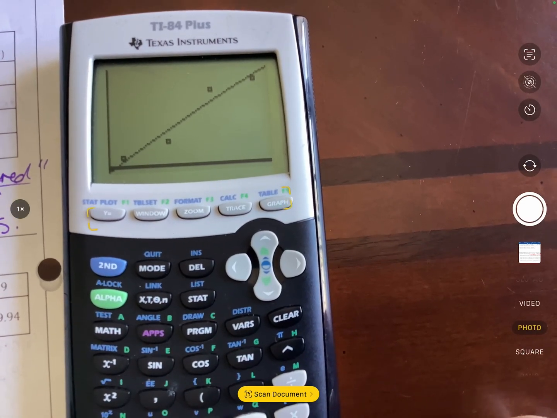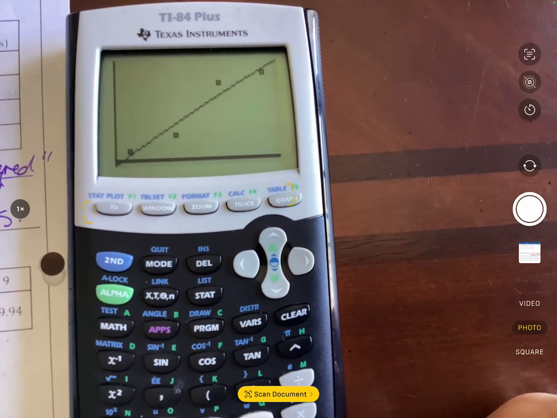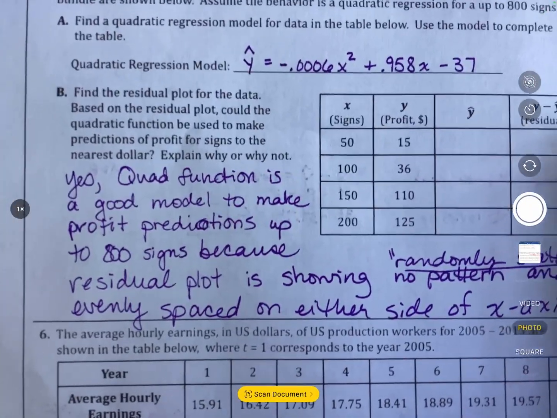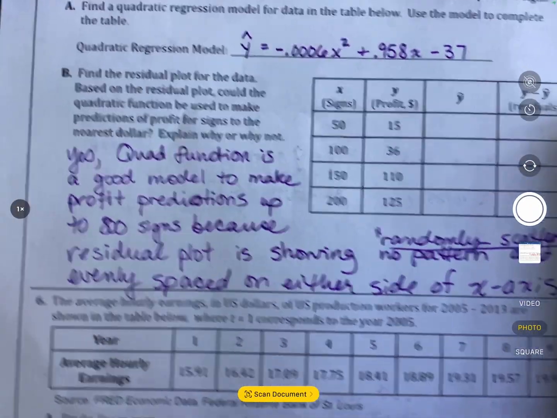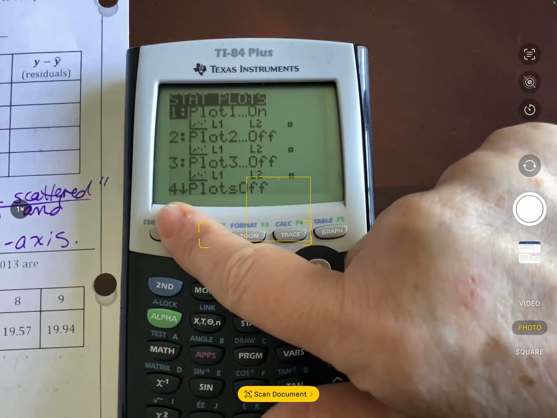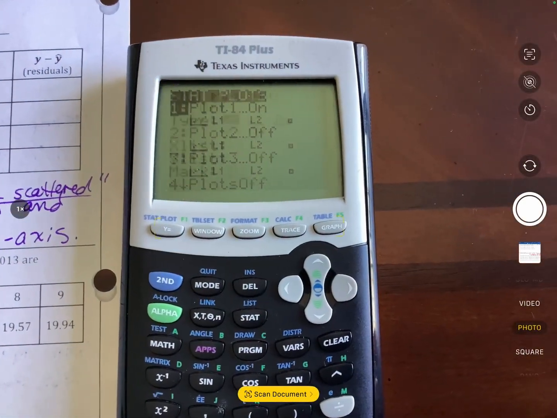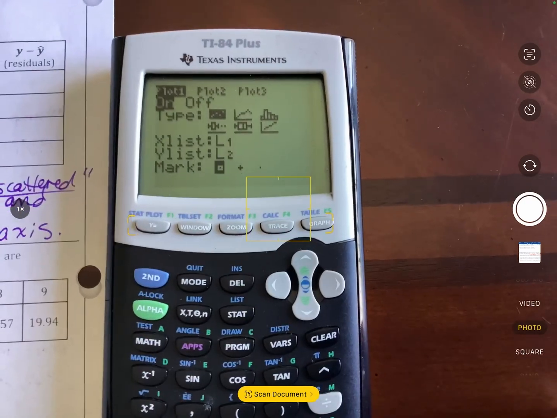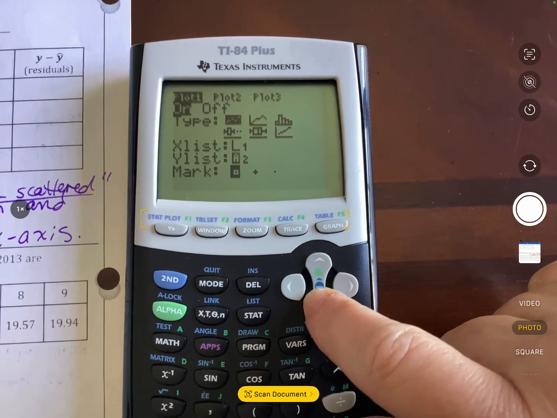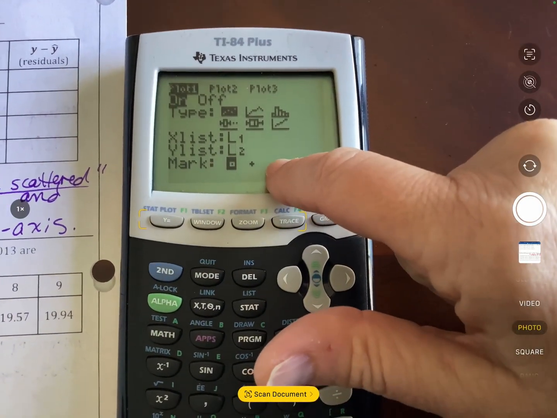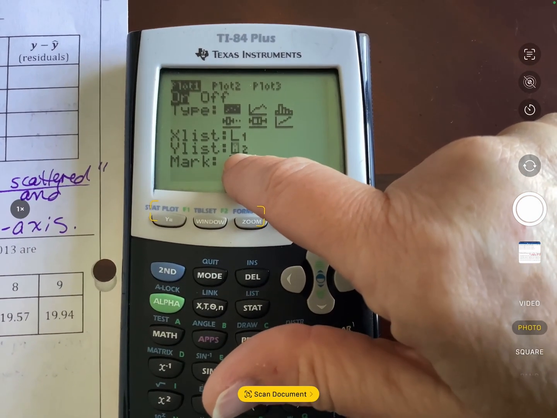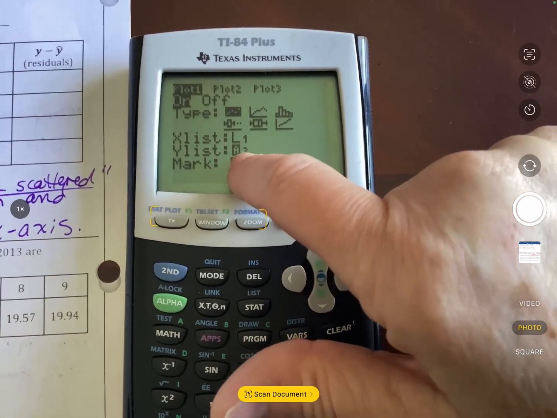All right, so now if you want to see the residual graph, because that's what question B actually asks, right? Question B is asking based on the residual plots. So how do we see that? So we're going to go back up here. We're going to go back to our screen. I just hit enter. I'm going down to Y2, and I'm going to make it say residuals. I want them to plot, and I probably could put Y3 since I already put my residuals in here, but I just always do it like this.